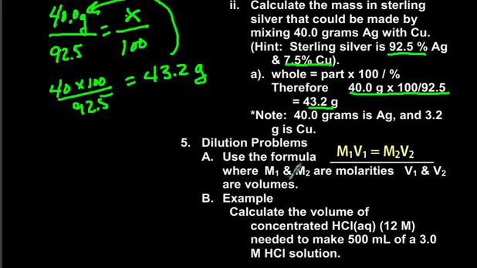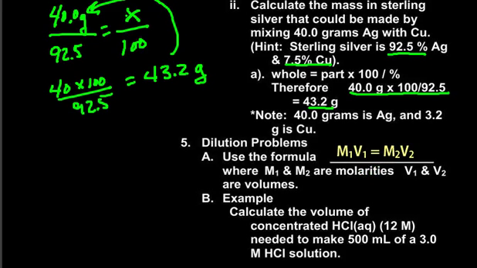In this case, M1 and M2 are the molarities of the solution, and V1 and V2 are the volumes of the solution. And the cool thing is, as long as you're consistent with your molarities and your volumes, units don't really matter.